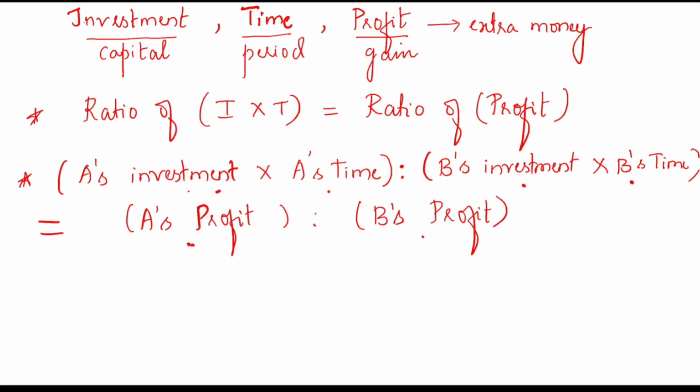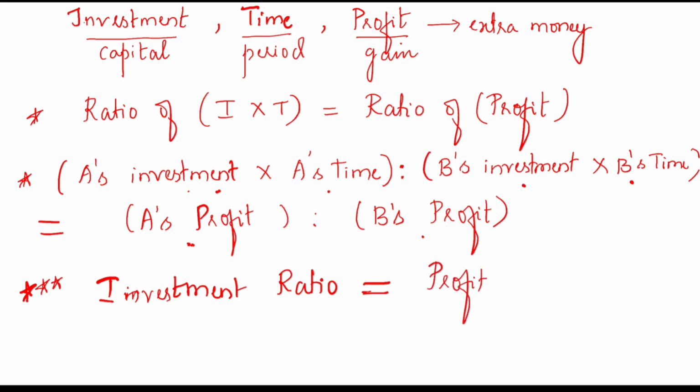So from this I can clearly say, and this is very important, that if you remember this, you can solve any problems: investment ratio is always equal to profit ratio.